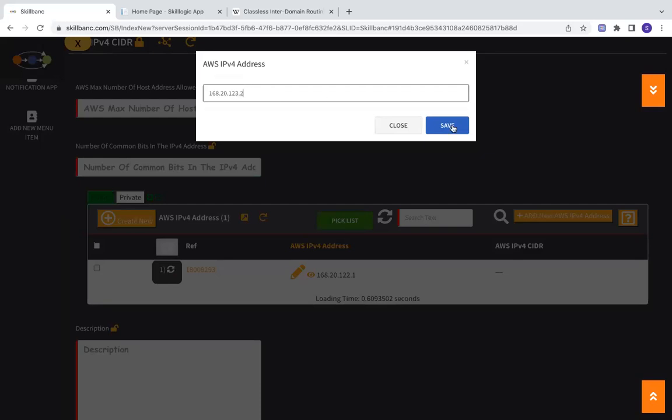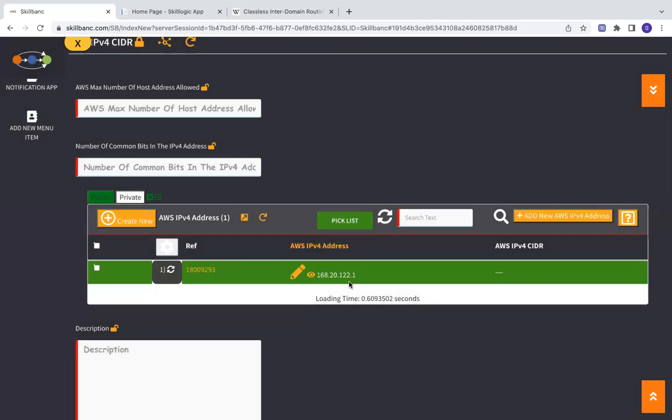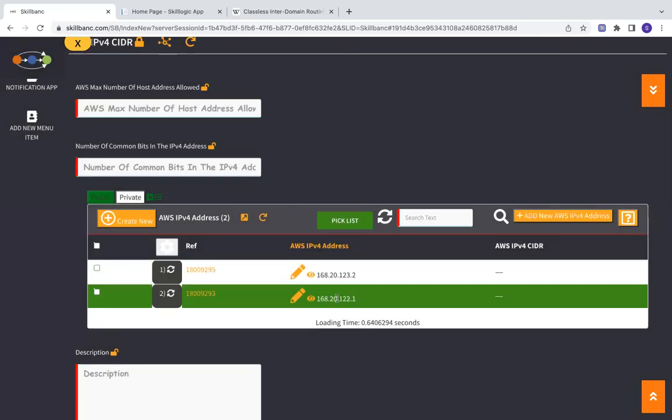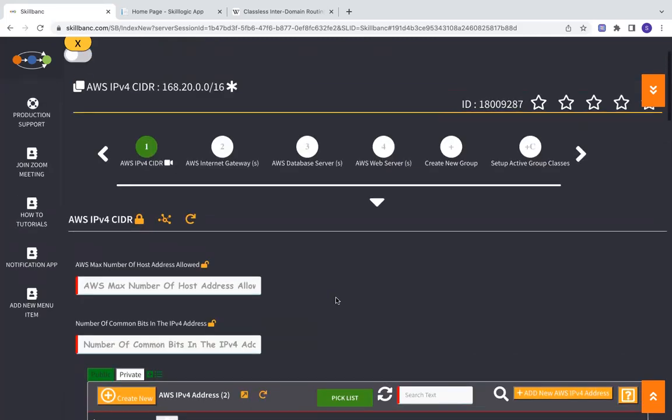I'm just making these objects by changing certain things, but keeping the first two parts, 168.20, the same. So that's the whole idea here.